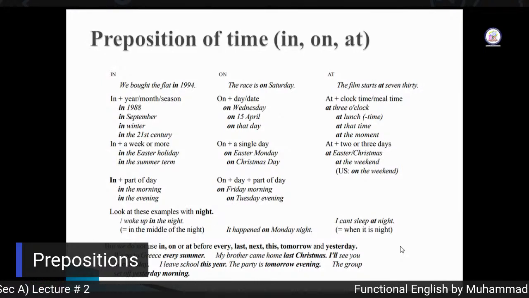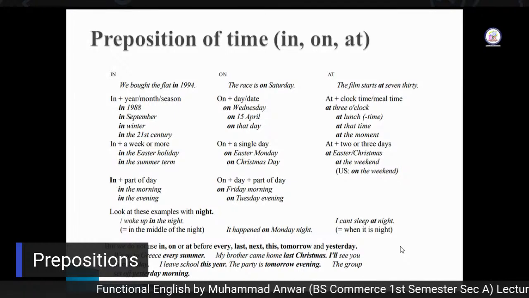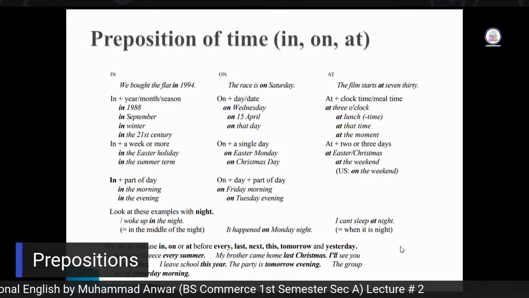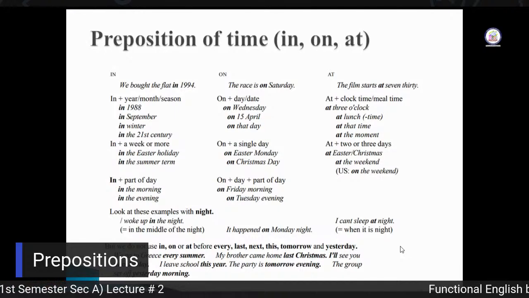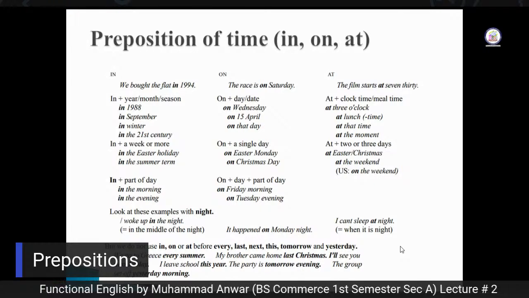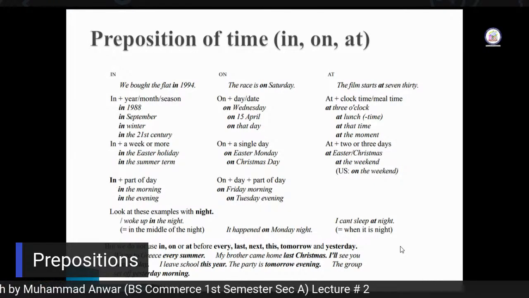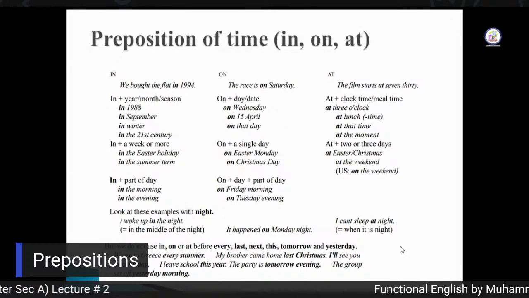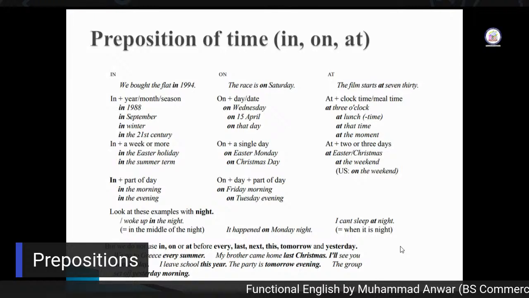I will reach home at 4 o'clock. My brother will watch the match at 3 o'clock. I will talk to you at lunchtime. At lunch means lunchtime. We met at breakfast. At breakfast means we're talking about the time when breakfast is taken.